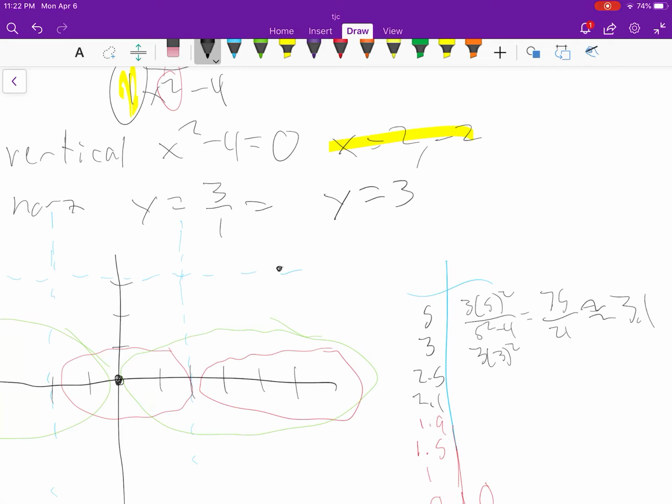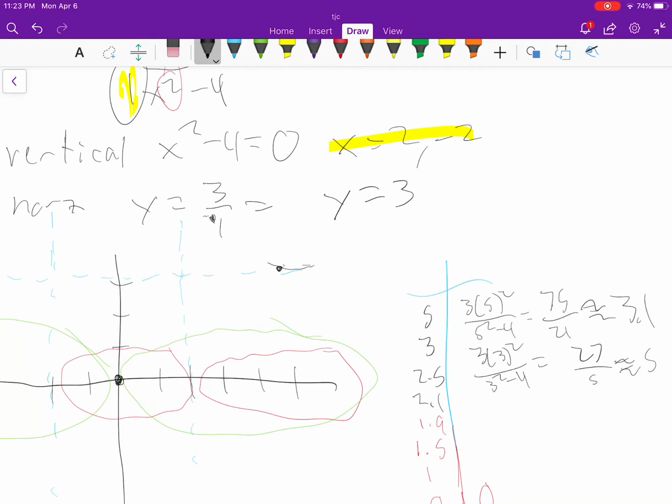Well, 3 gives 3 times 3 squared over 3 squared minus 4, so 27 over 5. That's a little bit greater than 5. So that tells us it's going up. Here at 3, it's right up here at 5.